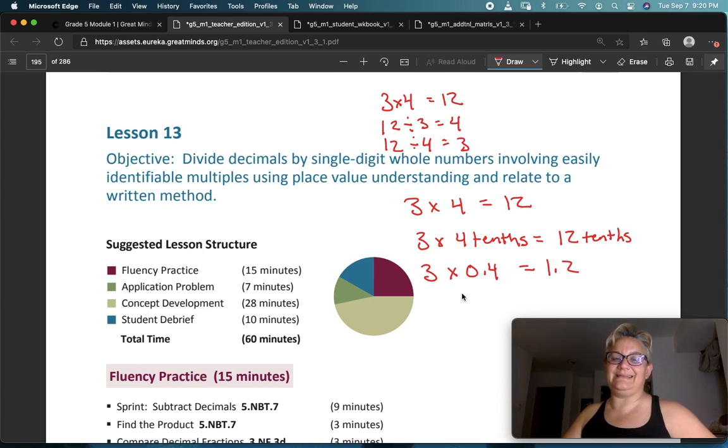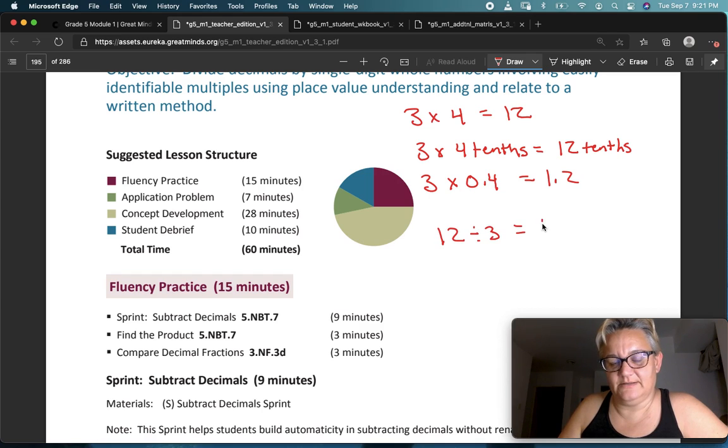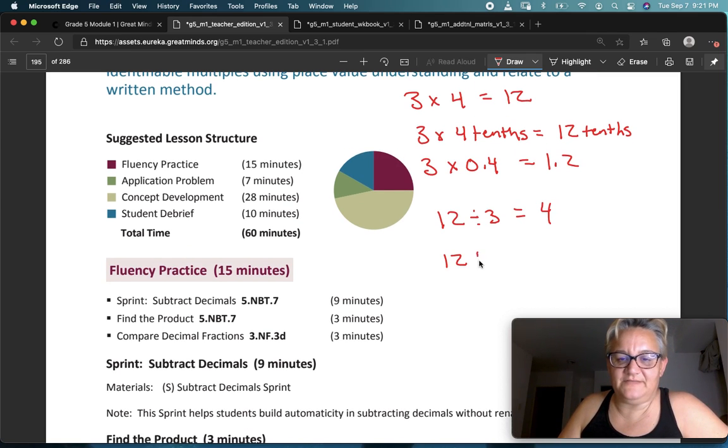Okay, so I can do that exact same thing with division. So if I said 12 divided by 3 equals 4, I could also say 12/10 divided by 3 equals 4/10.